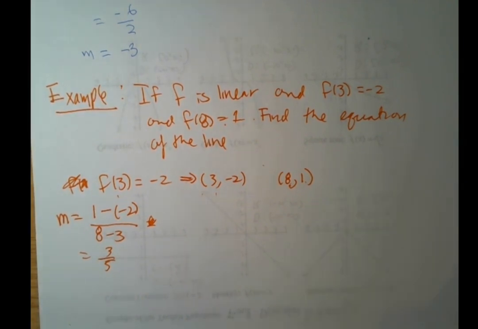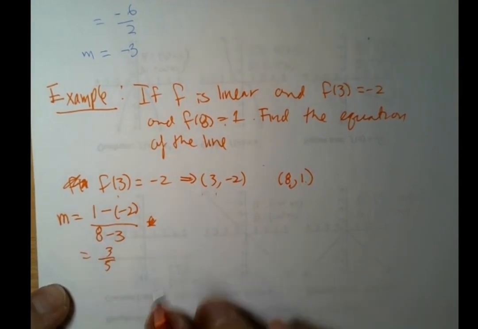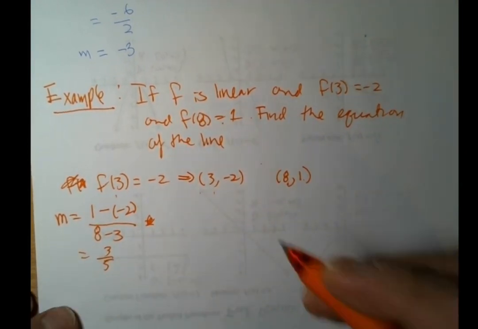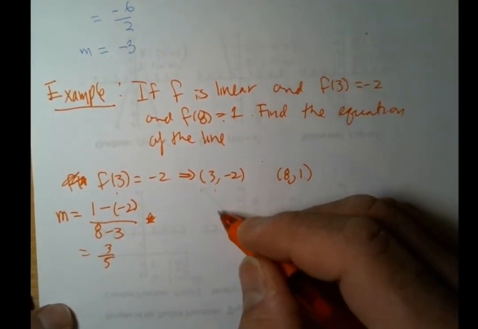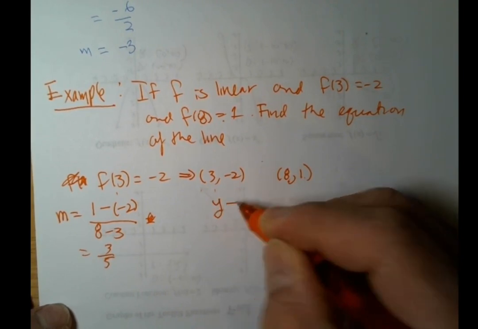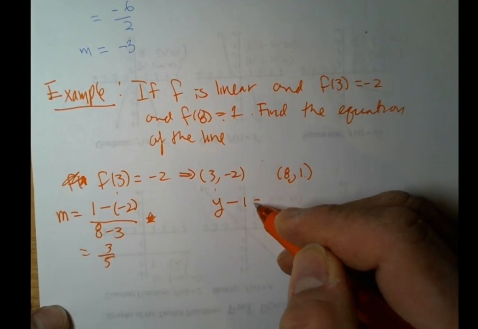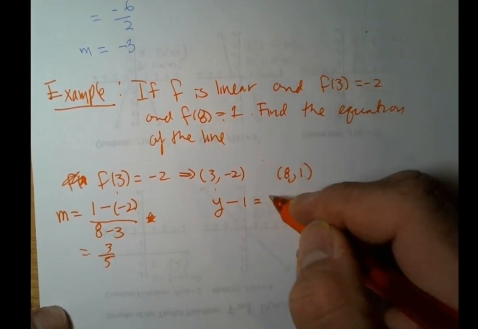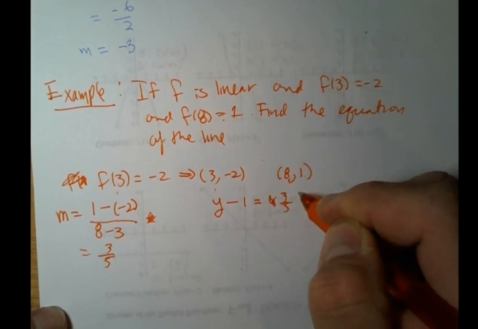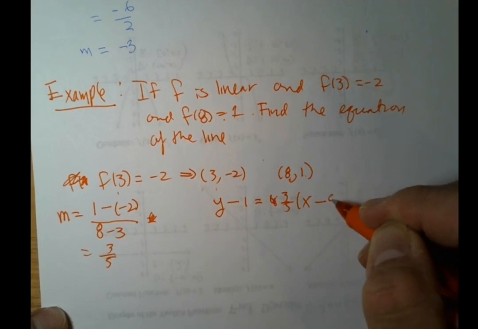All right, so our slope is 3/5. Now here I don't have the y-intercept, so I'm going to start with my point slope form. I'll choose y1 to be 1 here. Slope is 3/5, x minus 8.